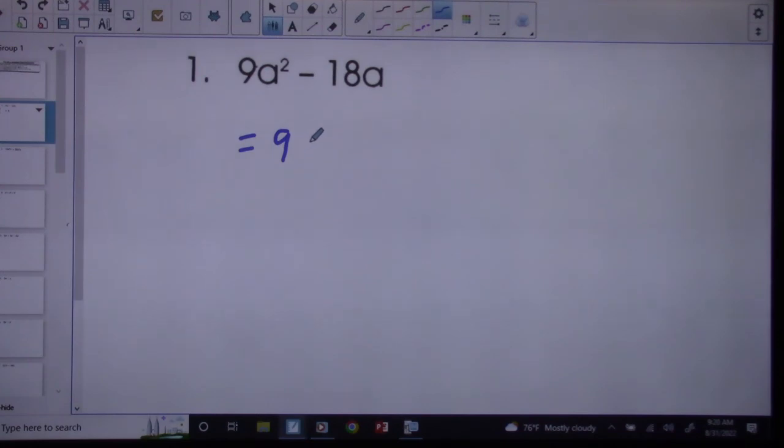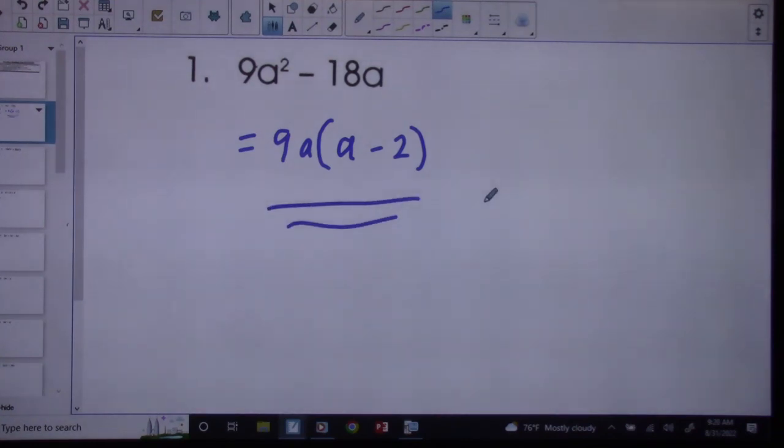It's a. So we've factored that out, and then what times 9a equals 9a squared? A. And then what times 9a equals negative 18a? Negative 2. And so this is our completely factored expression, because if we redistribute, using the distributive property, we're going to get back to our original.